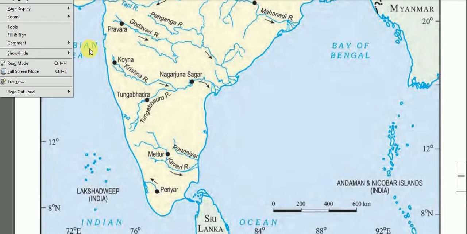I will send this map in the WhatsApp group so that you can have a look. Yes, sir. No problem.